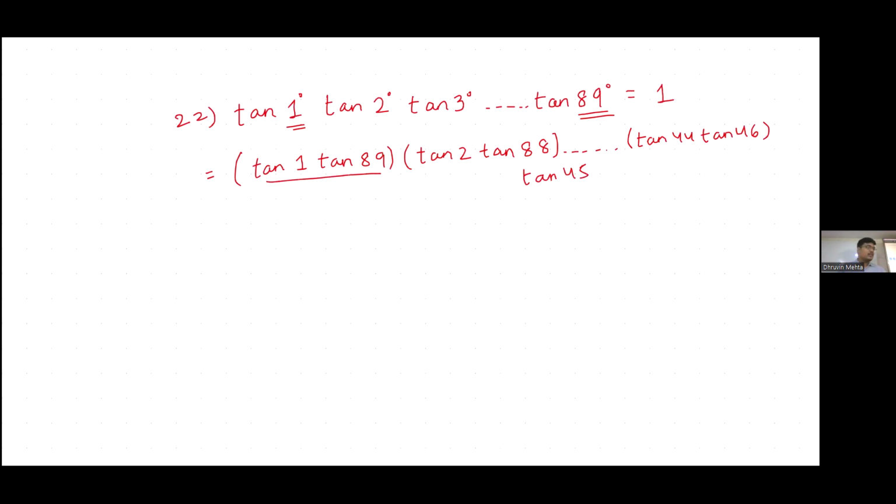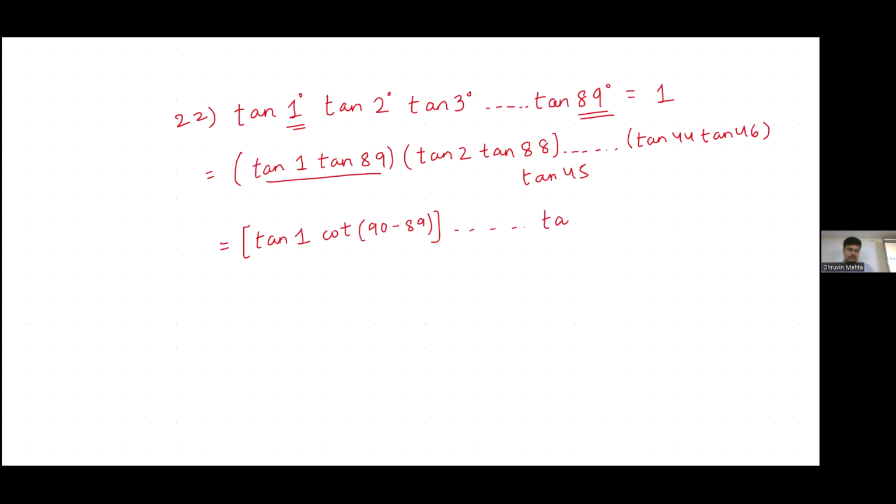1 and 89 का एडिशन इज 90, which means we have to use the complementary angle formula. Now the complementary angle formula says that tan theta is cot 90 minus theta. तो tan 89 is cot 90 minus 89, और बाकी सब में सेम होने वाला है. लास्ट में tan 45 है.